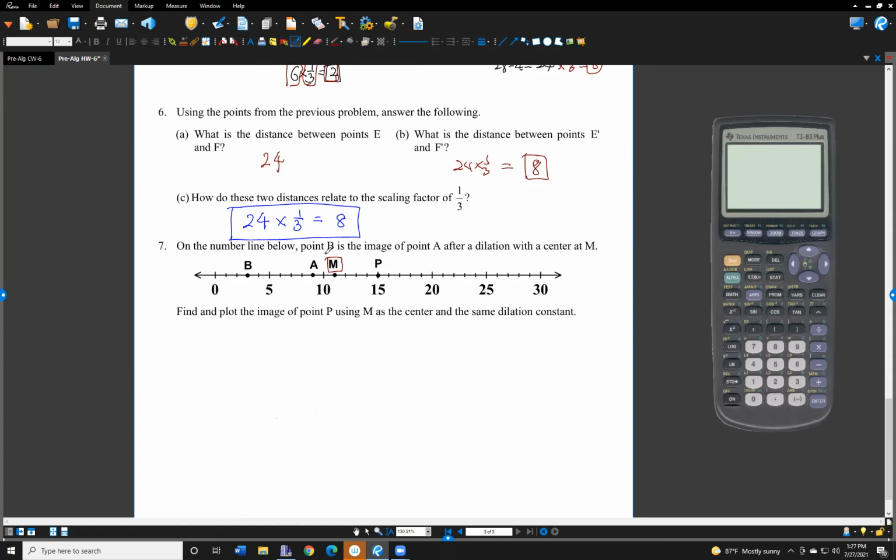Okay, we're going to find the point B, the image of point A under the dilation with center M. Find and plot point B using the same center, same dilation. B is the image of this original point. This one is A prime, right? Okay, they changed it from here to here.